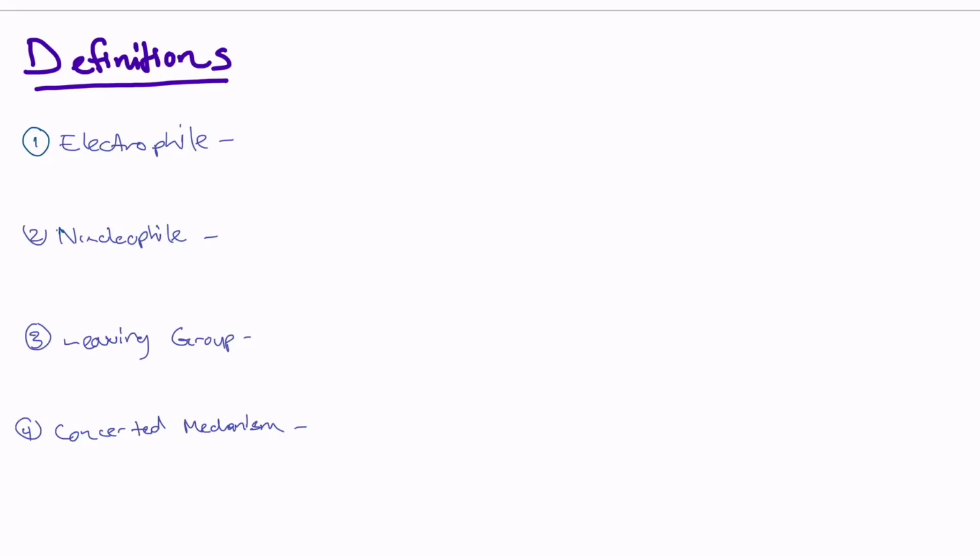Now, before we go into the details of SN1 and SN2 reactions, there are some definitions that you'll want to be familiar with. First, electrophile. An electrophile is an electron pair acceptor. If you look at the name, electro refers to electrons, and phile refers to love, to love something. A nucleophile, on the other hand, is something that loves the nucleus.